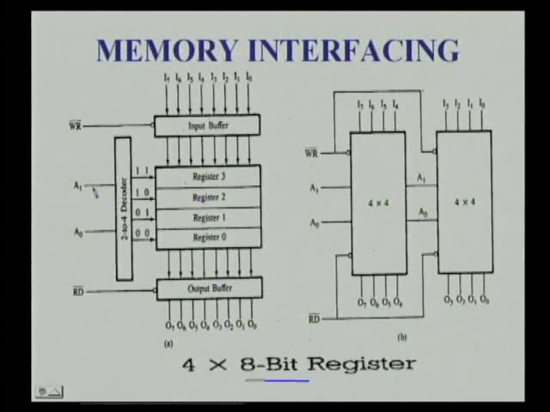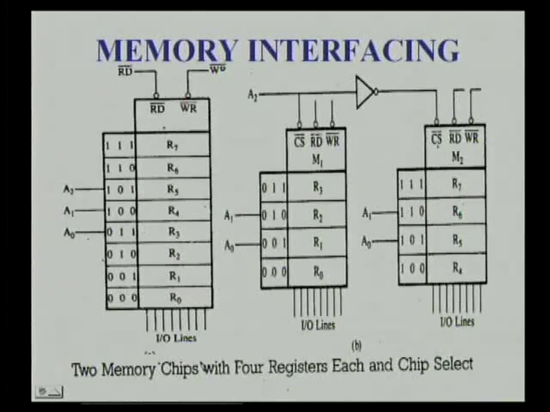Here you can see by using 2 address lines, we can identify or enable any one of these 4 registers with the help of this decoder. And for writing, by enabling the write bar signal, data can be loaded into that particular register, or we can read data from that particular register by enabling the read bar signal.